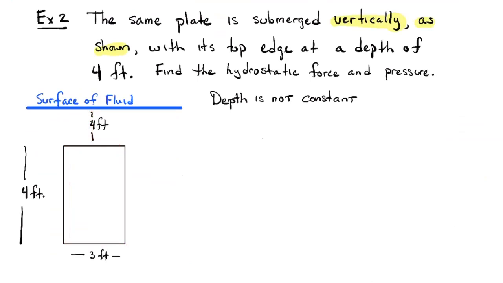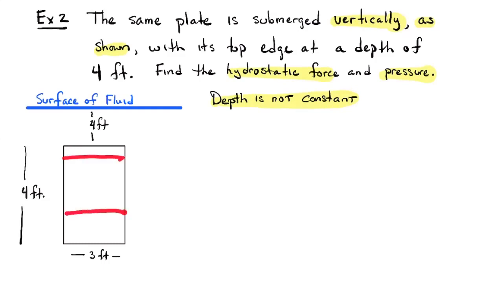And I would like to ask the same 2 questions. What is the hydrostatic force and pressure on that plate? And this is a calculus problem because, well, the depth is not constant on that plate, right? Points like, say, right here on the plate are experiencing less force and less pressure because their depth is not as much as, say, points down here.